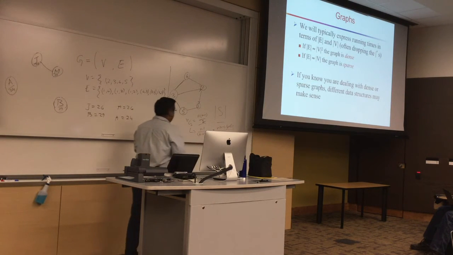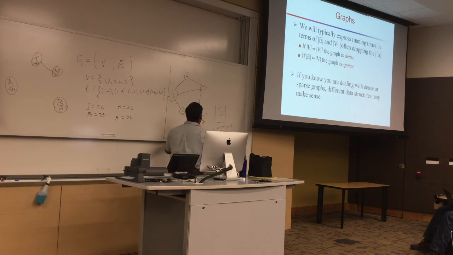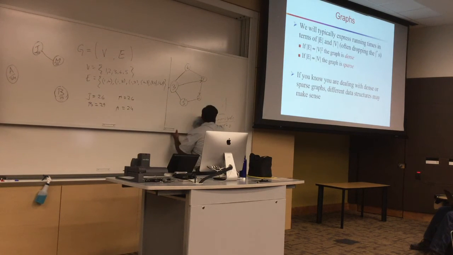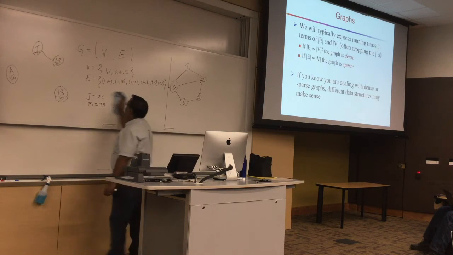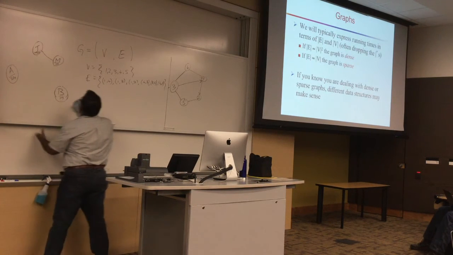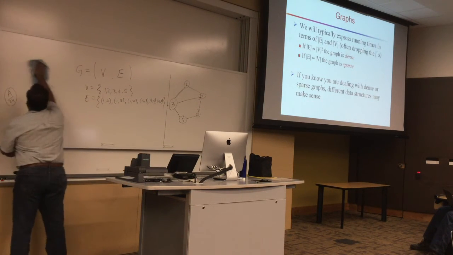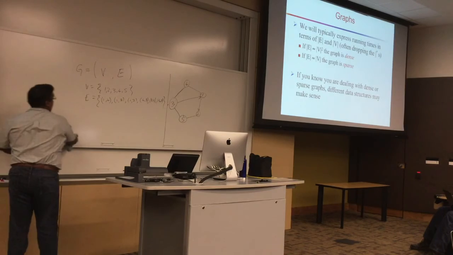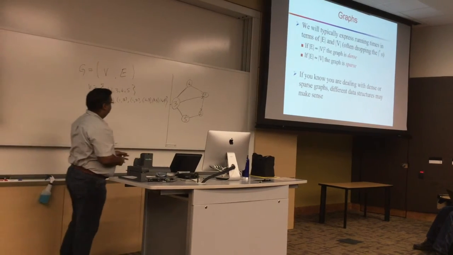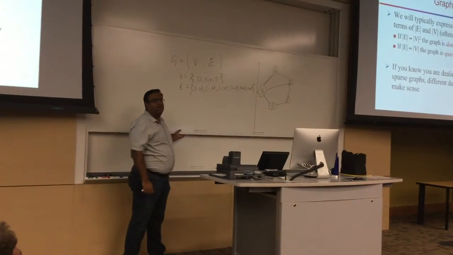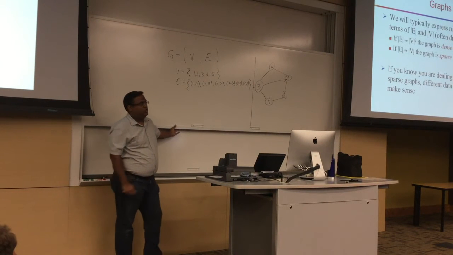So, how would you programmatically represent this graph? What known data structure would you use to represent this? So this is what you have. So a 2D array we can use.